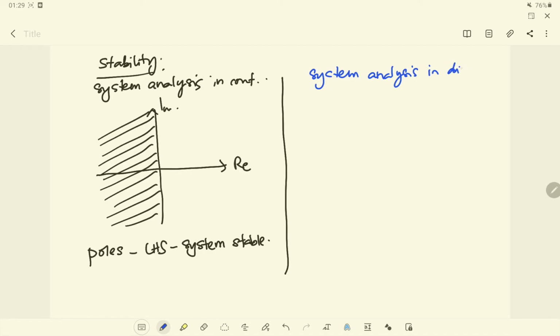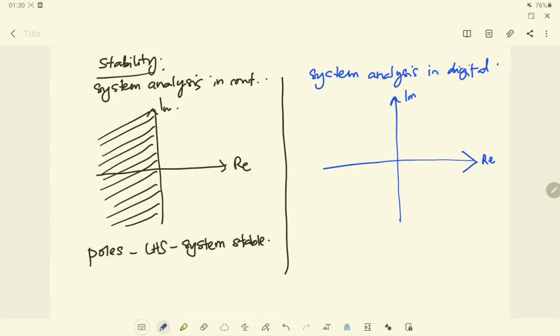we can use a unity circle. The unity circle represents how we determine the stability of the digital forms. In the digital form, here is the real value and the imaginary value.